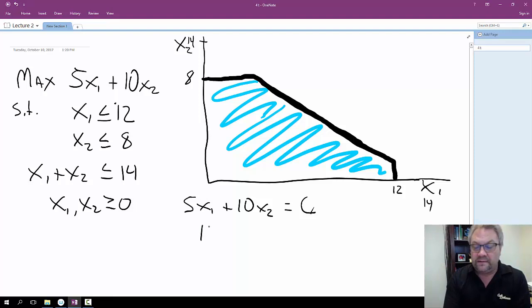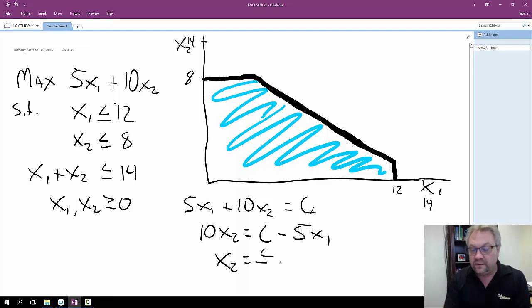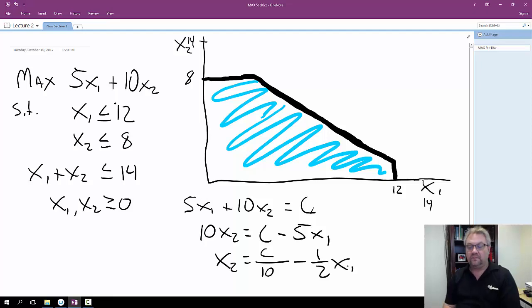So 10x2 is equal to C minus 5x1, or x2 is equal to C divided by 10 minus 1/2 x1.